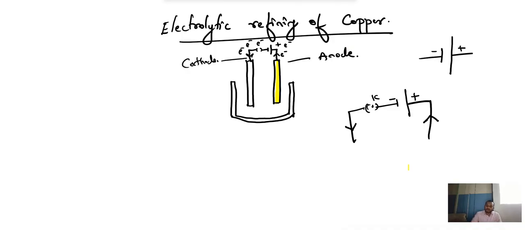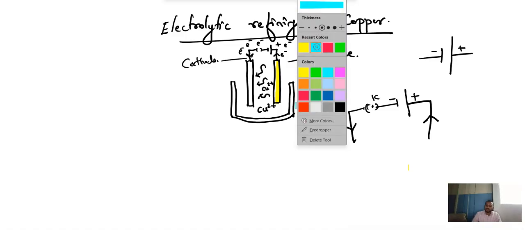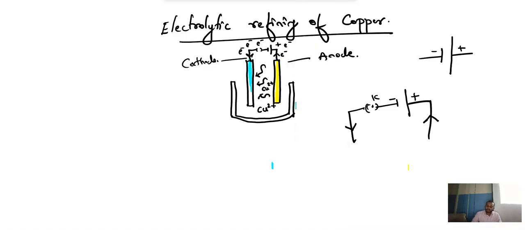Once we pass the current to this rod, what happens? Observe here. The pure copper will go and deposit, becoming Cu2+. This pure copper will come and deposit on the cathode.